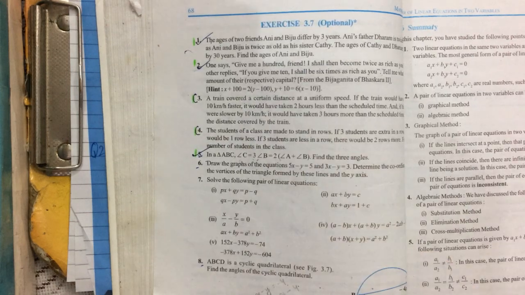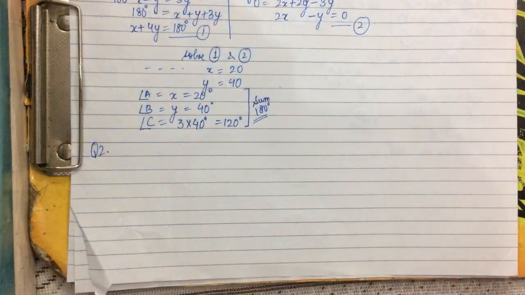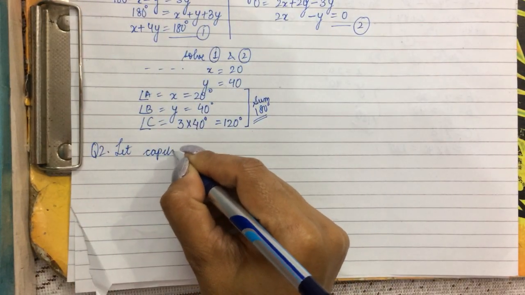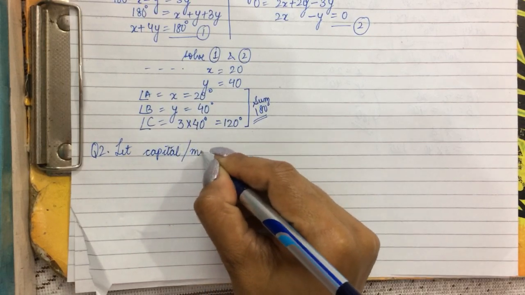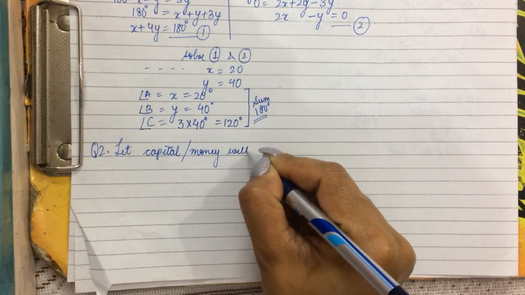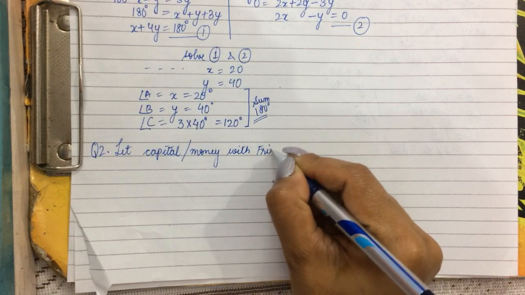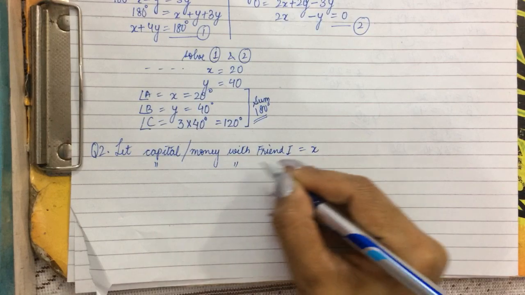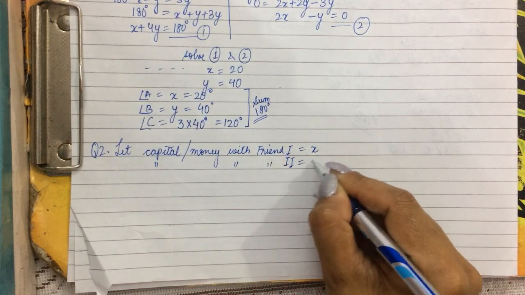Let's start by assuming that, you can write down capital or money, with friend first be x and the capital with second be y.